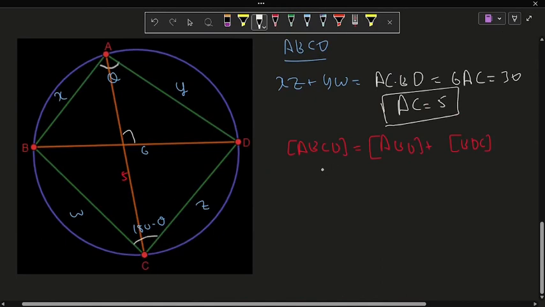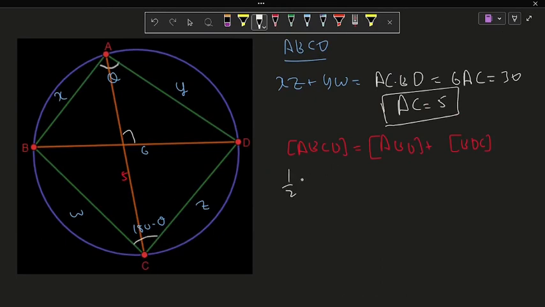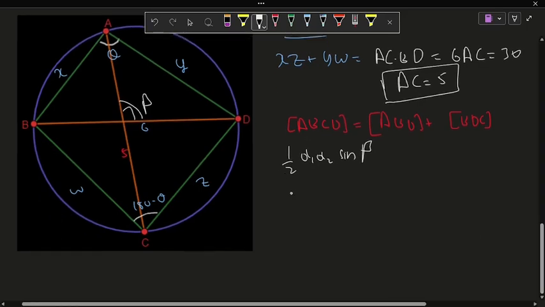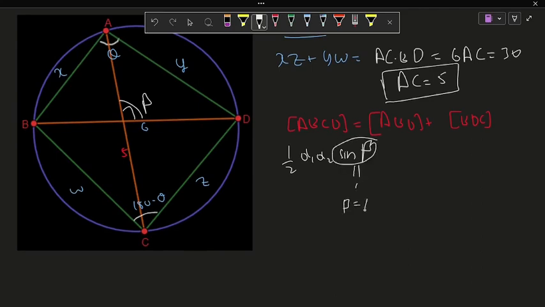Why? Because the area of a quadrilateral is written as half d1 d2 sine beta, where this angle is beta and d1, d2 are the lengths of the diagonals. And if we want to maximize this, we can simply let sine beta equal 1, which is only possible when beta is pi by 2 or 90 degrees.